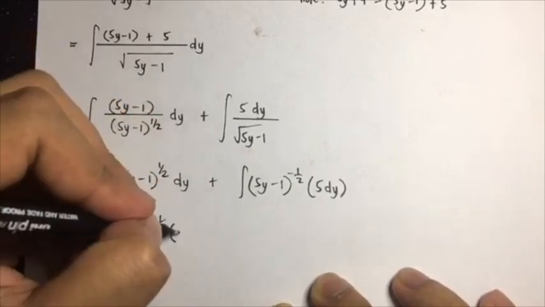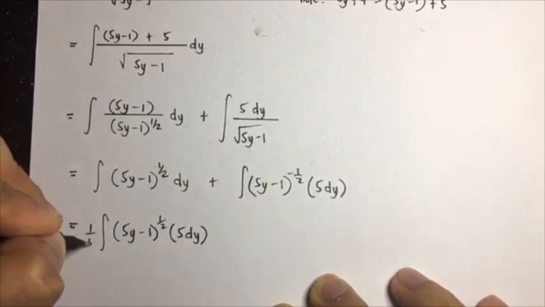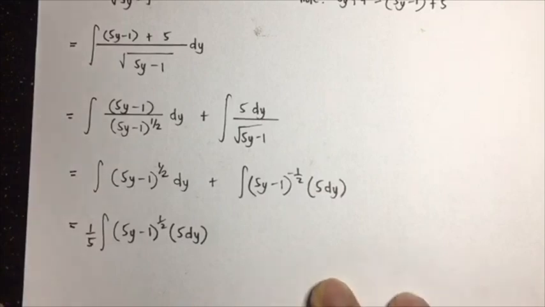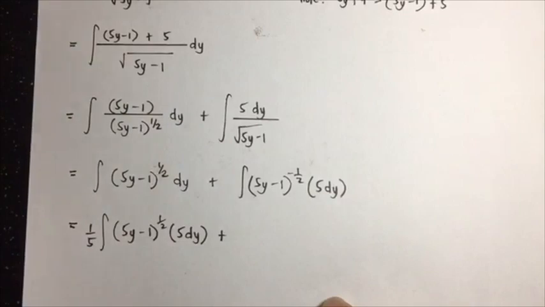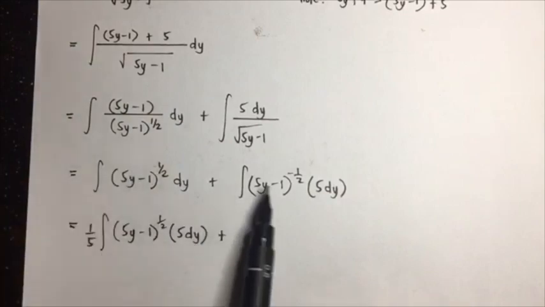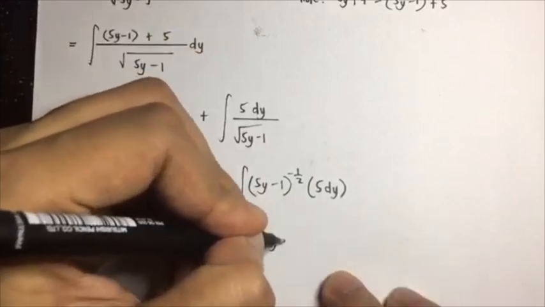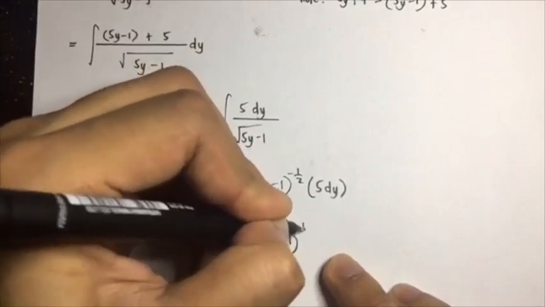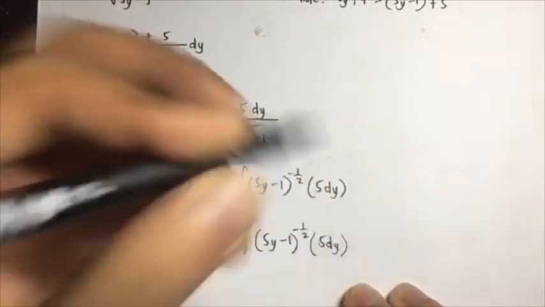Completing the differential, it should be 5 dy. Since we wrote 5 here, then outside the integral sign we will put its reciprocal 1/5, plus, here we have already a complete differential, so 5y minus 1 raised to negative 1 half times 5 dy.